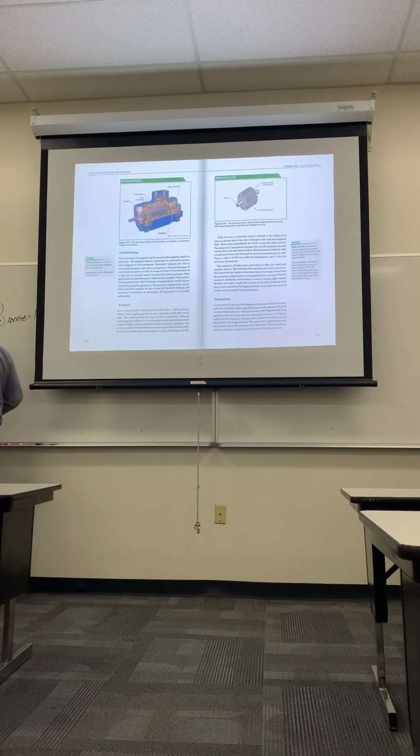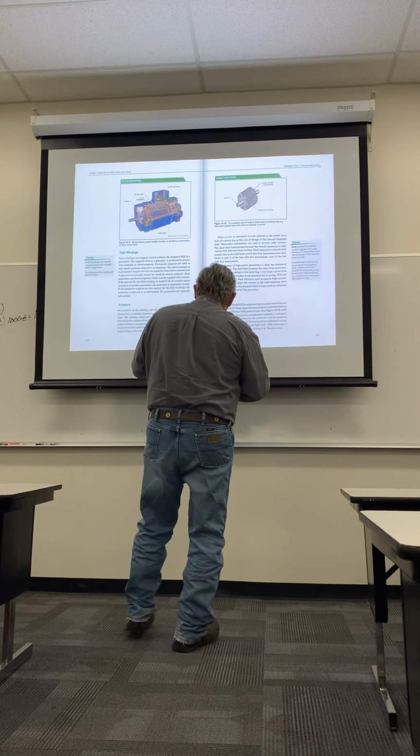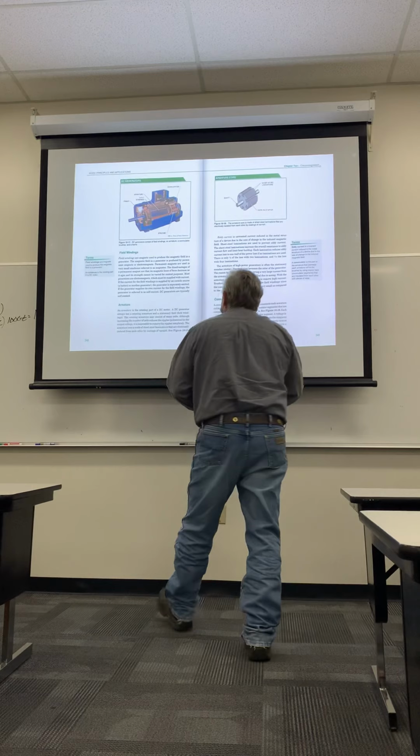As that turns and breaks those magnetic lines of flux, it sends the current back to the commutator, and then the brushes pick that up. Then it's carried away to whatever we're going to use it for, whatever the particular use is.